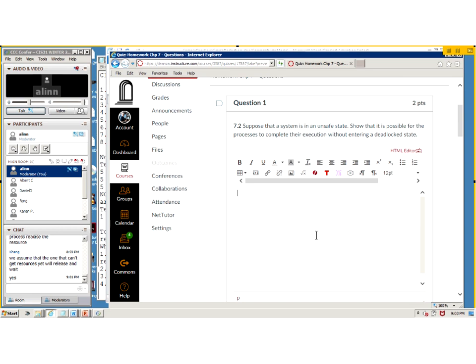How can they complete their execution without entering a deadlocked state? So make up an example of an unsafe state and show me the steps that would be taken to complete them, basically. Therefore, they're not deadlocked. If all the processes can reach a completion, they can't be deadlocked.